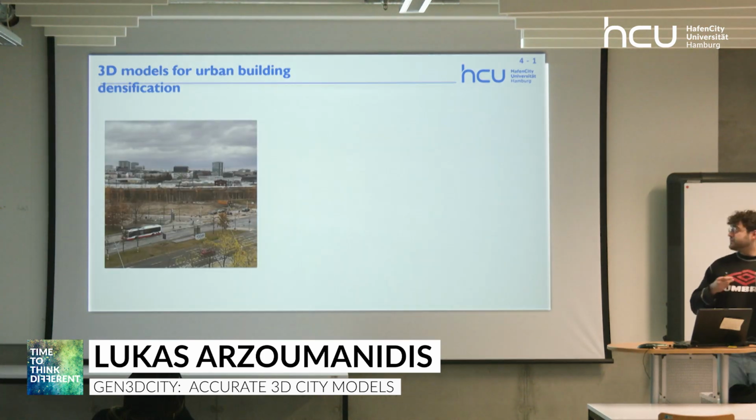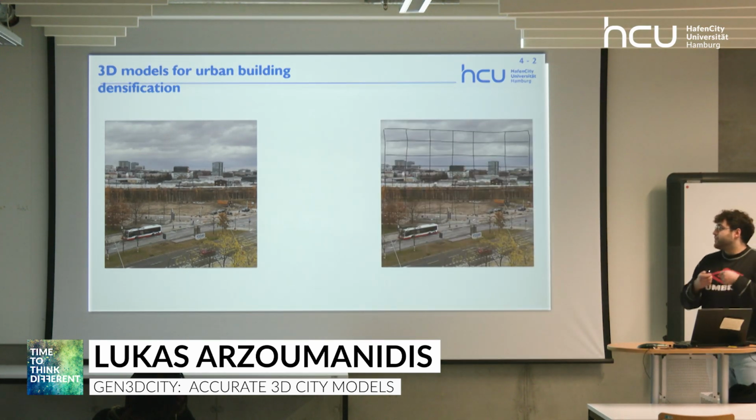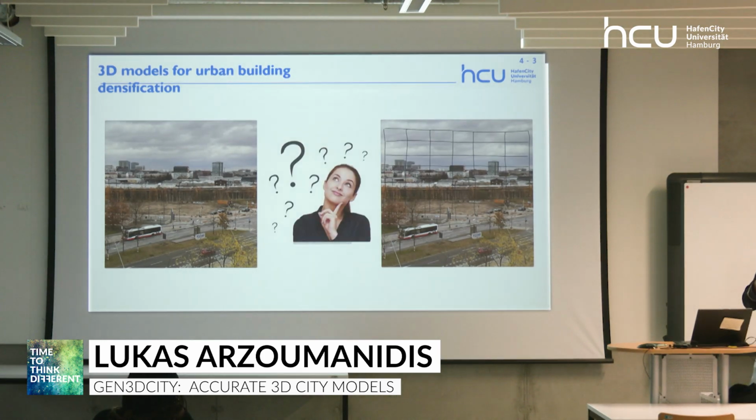And to give you a more prominent example, maybe here just in front of our building, we have a building gap, and now we have to imagine how a model could look, how a first draft could look in this area, and that's what we've worked on.